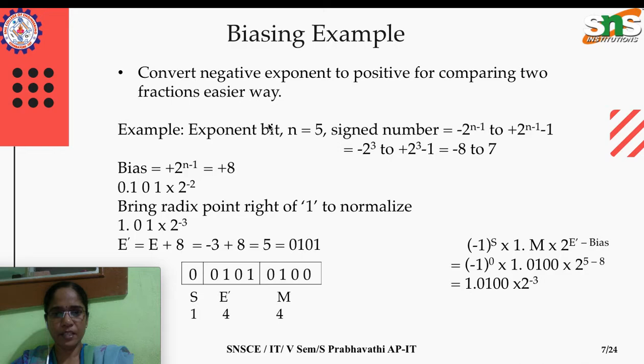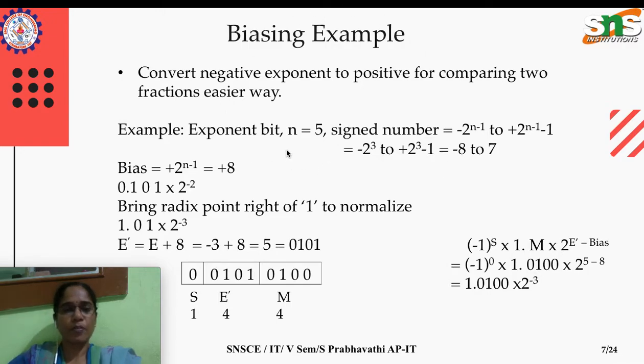For simplicity, I am taking n equal to 5. This is not an IEEE format. For your understanding, I am taking this example. In IEEE format, the exponent is 8 bits in single precision and 11 bits in double precision, so don't confuse that with this example.